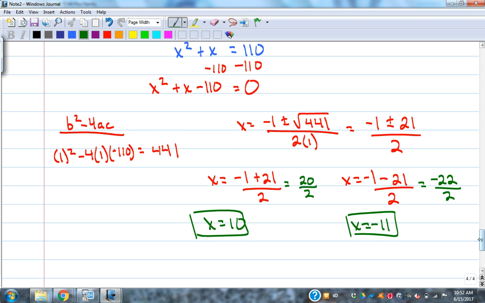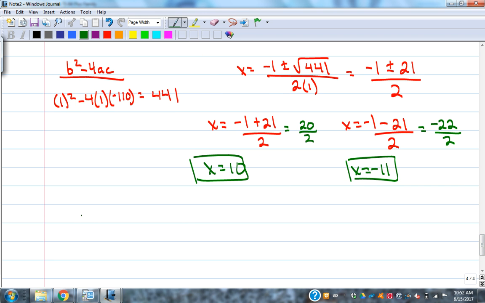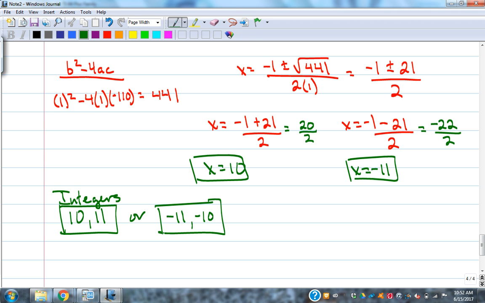So our consecutive integers: if 10 is the first one, the next one would be 11, or if I did -11, the other one would be -10. We get two sets of answers on this one because it asked for consecutive integers.